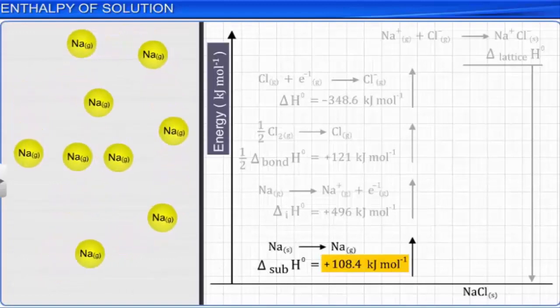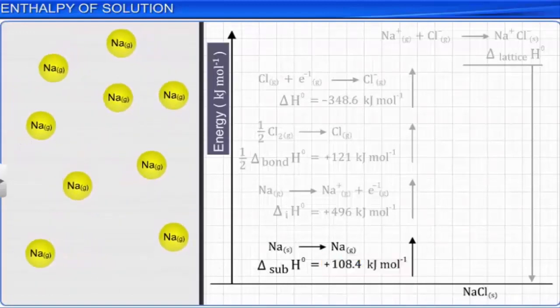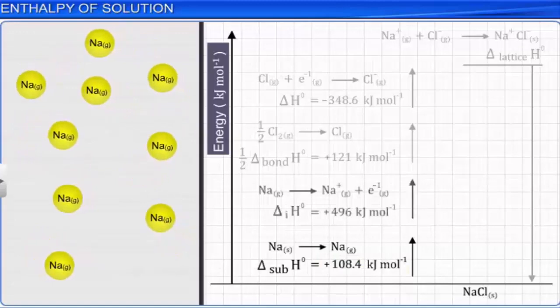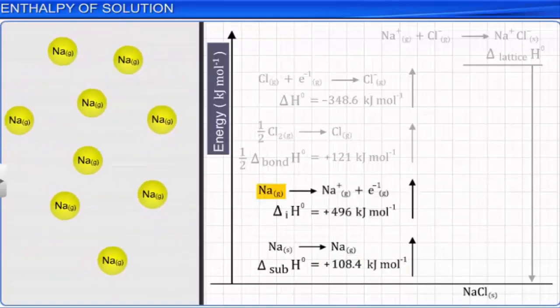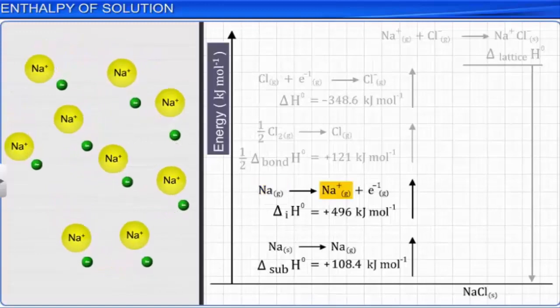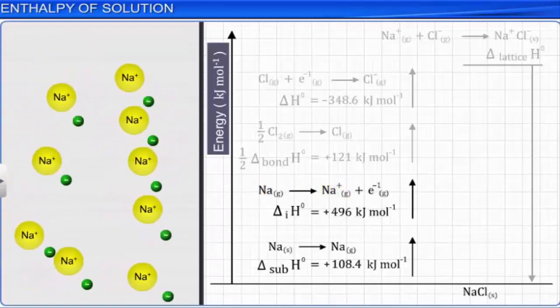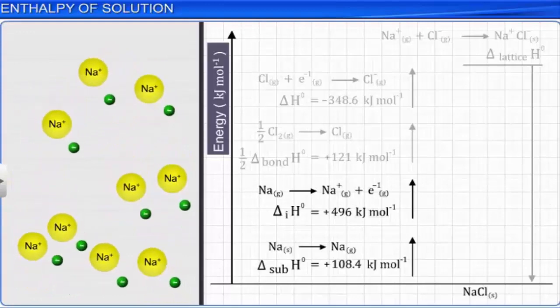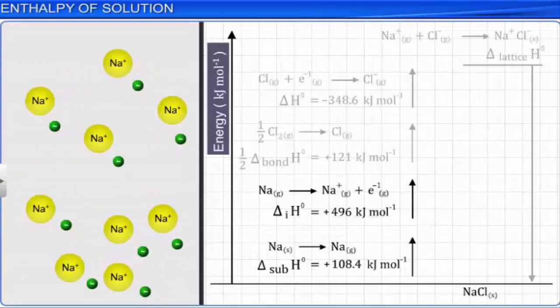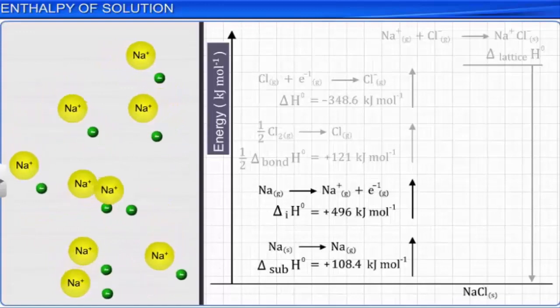In the next step, gaseous sodium atoms are ionized to form sodium plus 1 ions. The enthalpy change involved in this step is called ionization enthalpy, and its value is plus 496 kilojoules per mole.